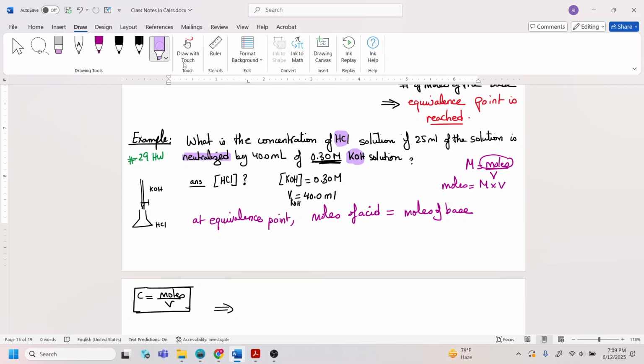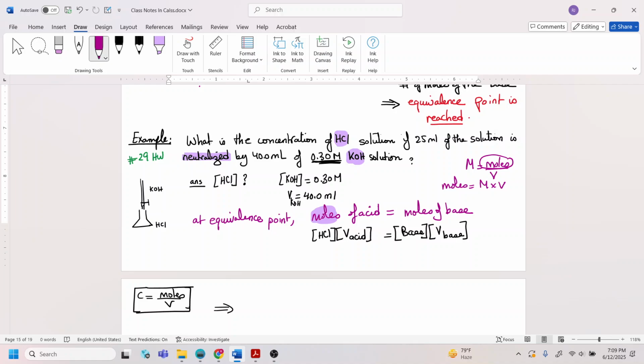So this means that if I'm talking about the moles of the acid, then it means that the concentration of the acid multiplied by the volume of the acid, that is equal to the concentration of the base multiplied by the volume of the base. Okay, the base is the OH.